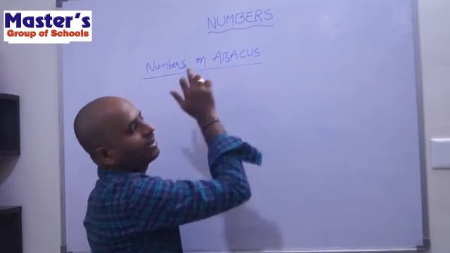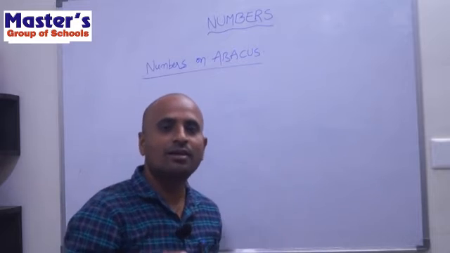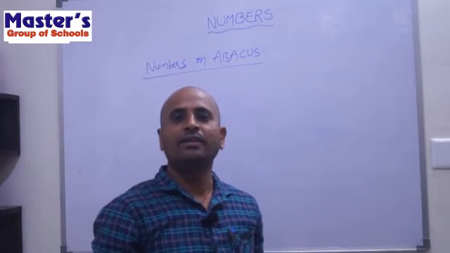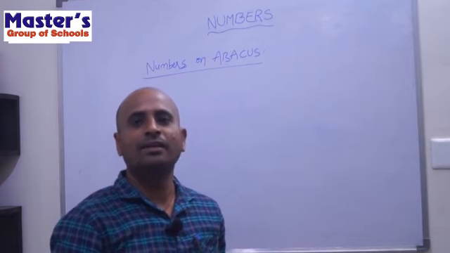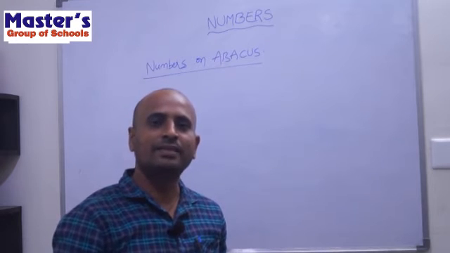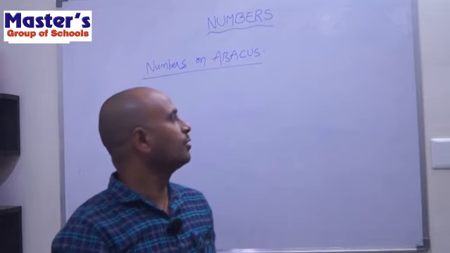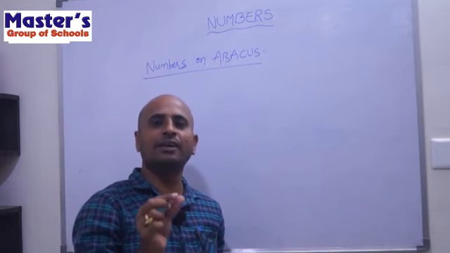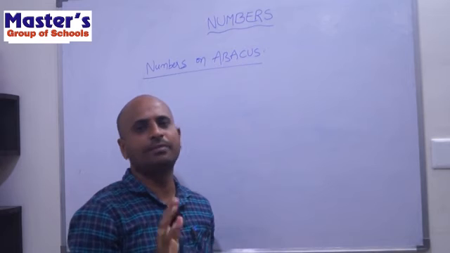It contains rods or sticks, and each rod represents a place, and the digit in the place can be represented with the help of beads. So with sticks and beads we can represent any number.